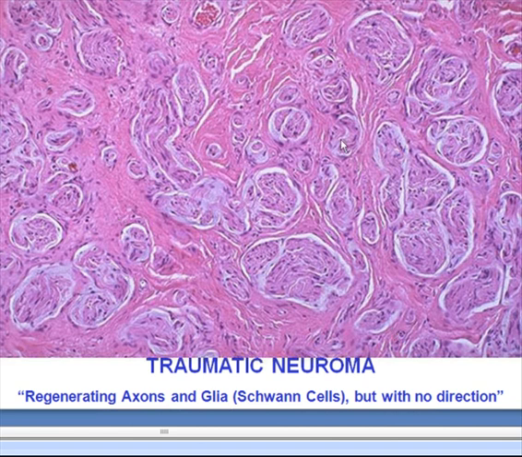Well, a Morton's neuroma is a thickening. It's a fibrous overgrowth of the 3rd common digital branch of the medial plantar nerve.